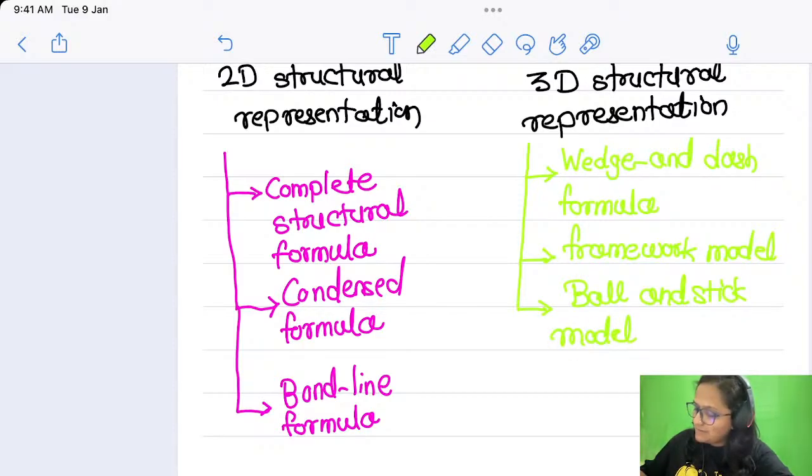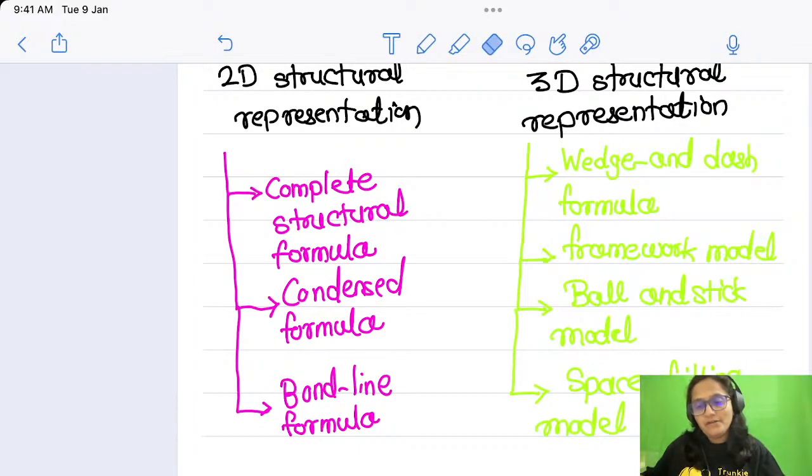And the last one in this is the space filling model. Okay, so these are the different ways to represent the structure of an organic compound, the structure of a hydrocarbon.